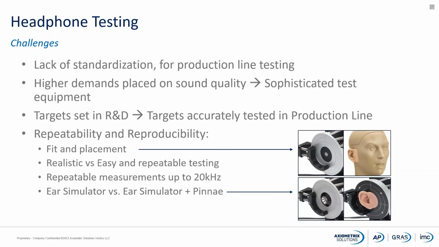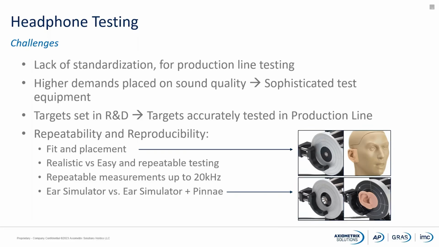In our R&D, we would like to make realistic tests, but in a production line, it's not necessarily what we want to do. In the production line, it is more important that it's easy to set up the test, that it's easy to do the test, and that we get the same results.